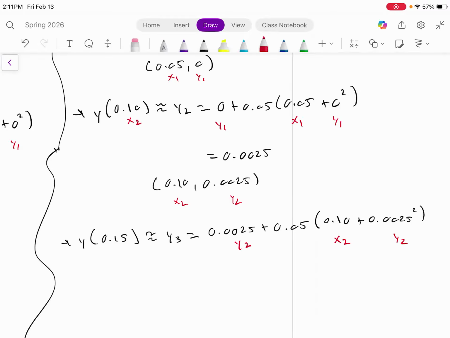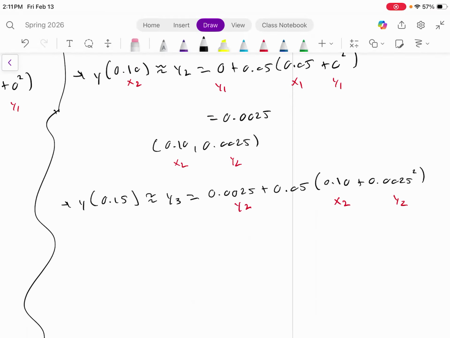We're using the twos to give us the third approximation. And so when we calculate this, it ends up being 0.0075. And so I have the point 0.15, 0.0075, and that's x3 and y3.